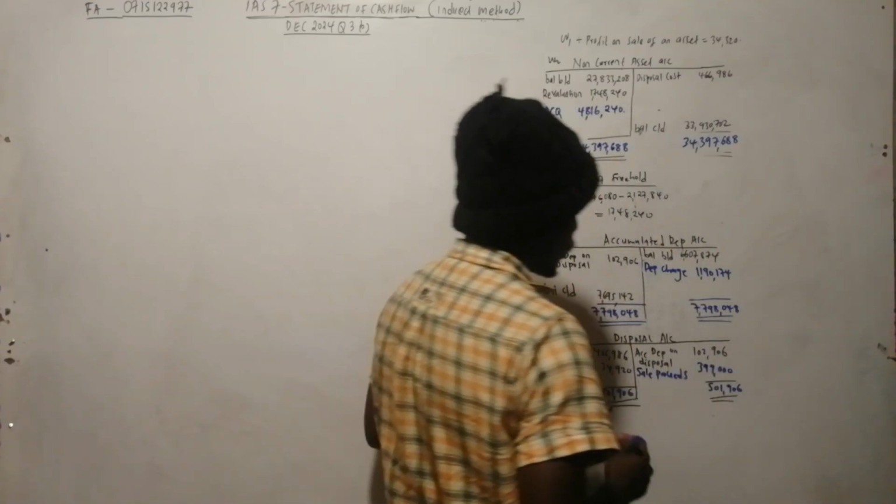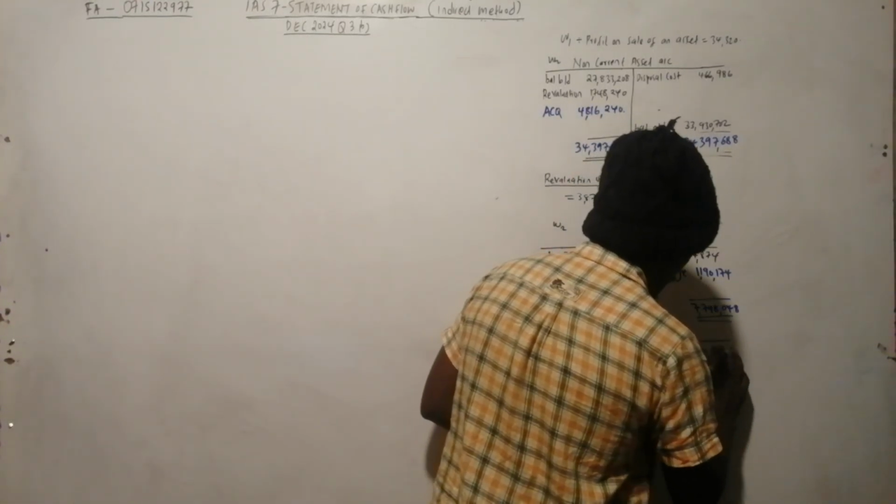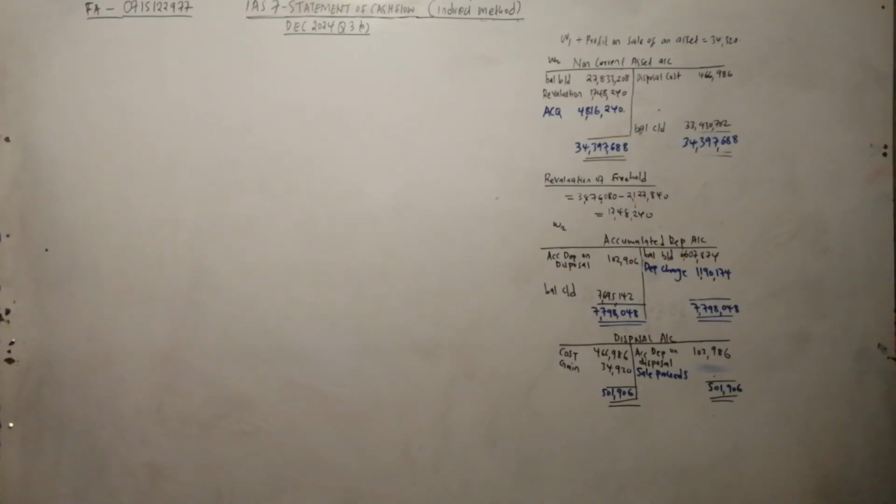399,000. Now the 399,000 in this case is what we call the sales proceeds. What is supposed to be 102,986 here? I made a mistake. 102,986. So we say 466,986, the cost.